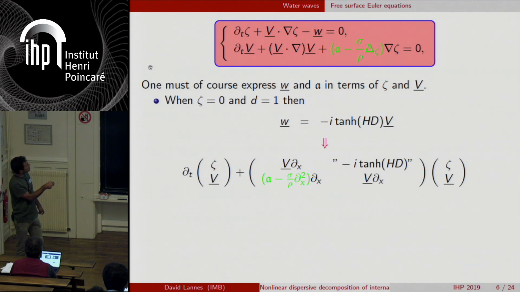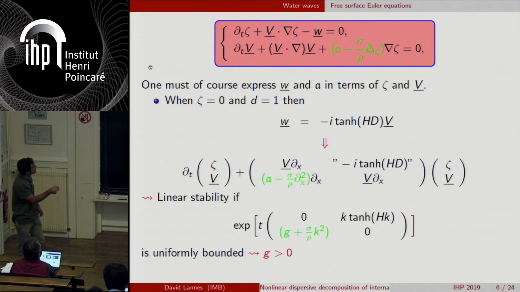And then you have this term here, which is essentially this curvature term, a dx square, and you have this Rayleigh-Taylor coefficient.